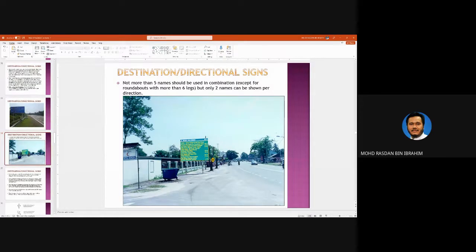If you're lucky, maybe you can see, oh, this is my destination. If suddenly your destination is somewhere here, you need to go one by one at 60 kilometers per hour. It is impossible for you to be able to see the signboard. It will also create hazards for people because you are driving and suddenly you are slowing down just to read the signboard. So this is the silly things that people do.